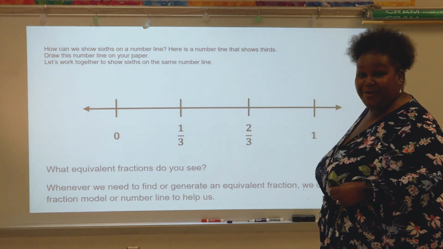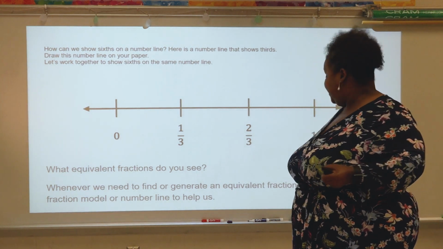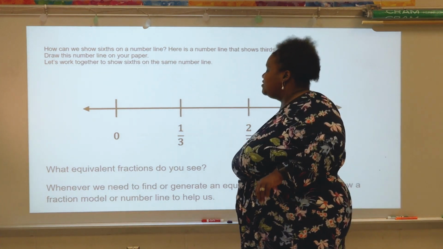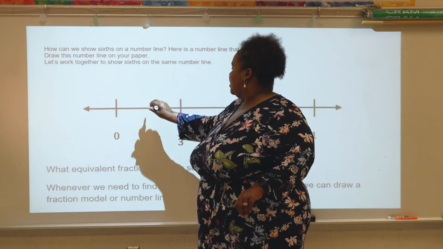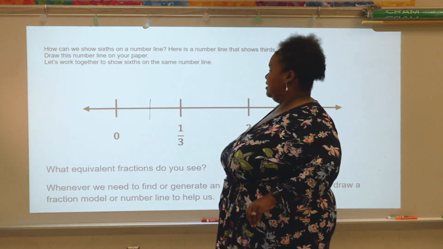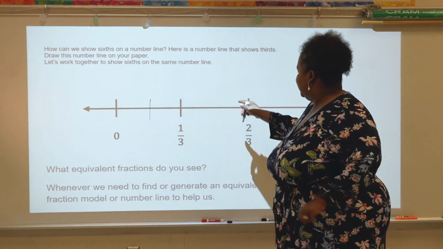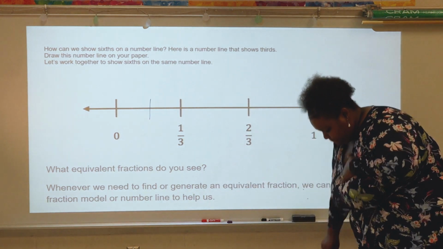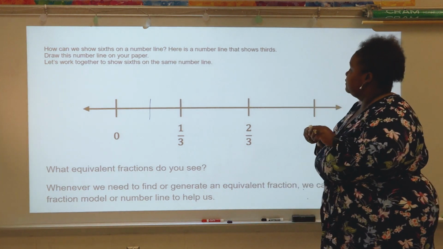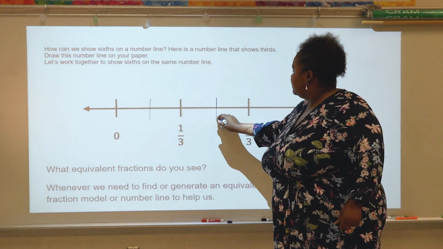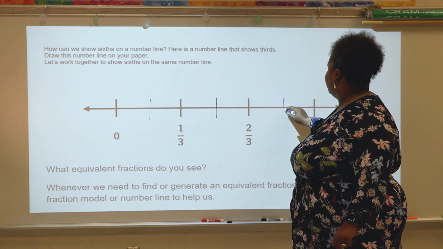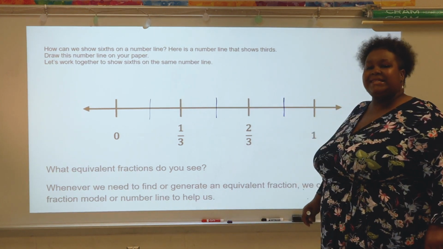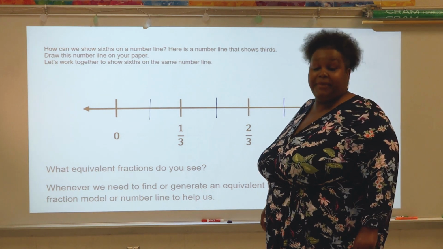All right. You have your thirds. Let's do our sixes now. So, if I make a cut here, cut that one in half, and then if I cut that one in half, and I think I need one more cut, and if I cut that one in half, let's see if I have 6 equal pieces.